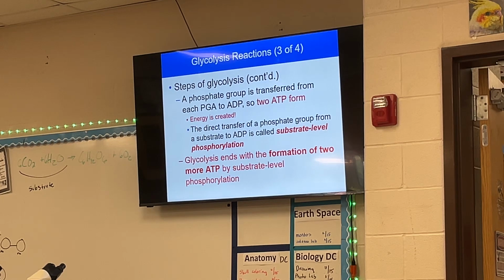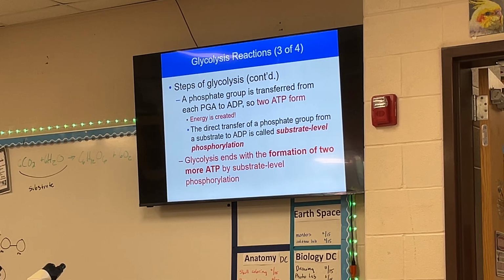And so glycolysis ends with the formation of 2 more ATP. So we have 4 ATP created. So it will ask you on the test how many ATP are formed in glycolysis. A good way to answer that would be 4 are created, but only 2 of them really count toward the overall total.